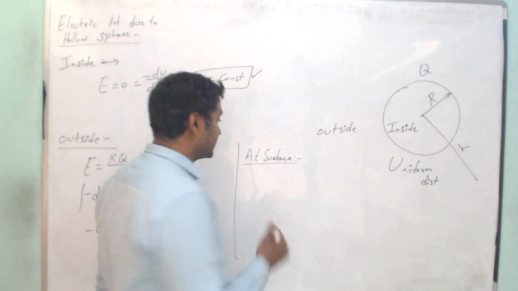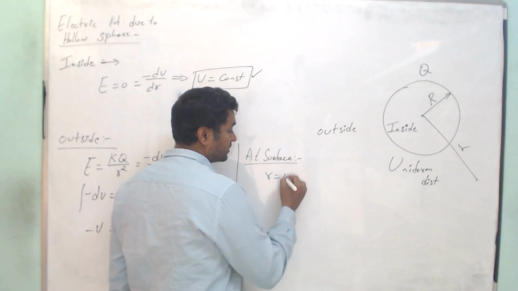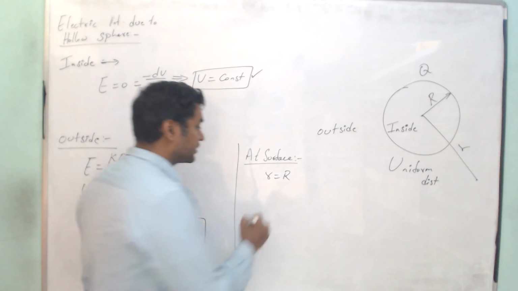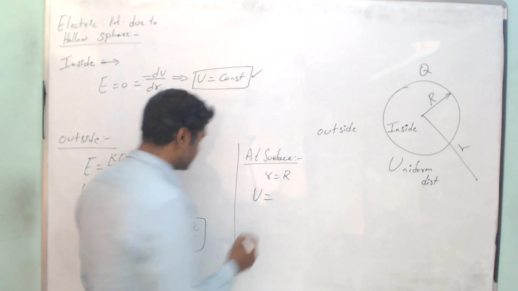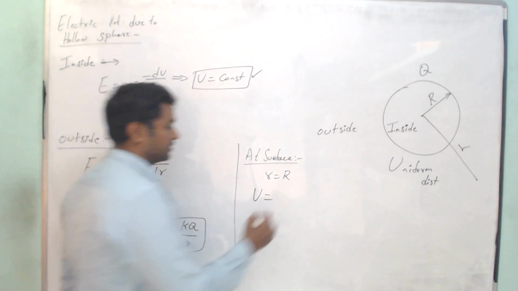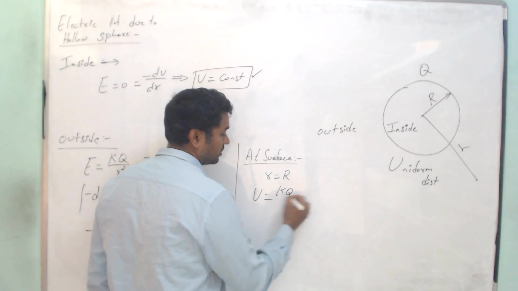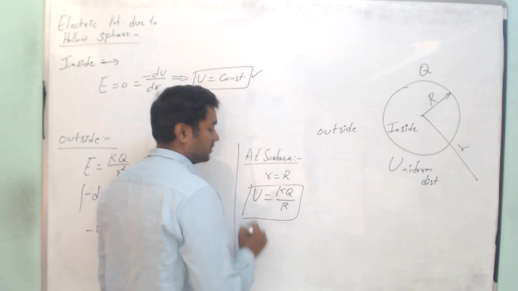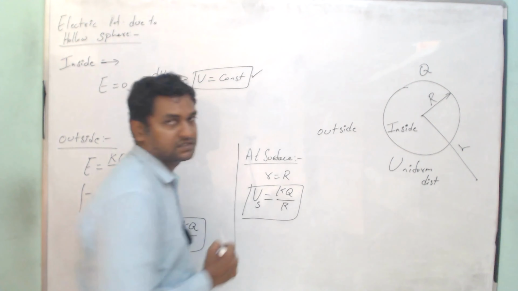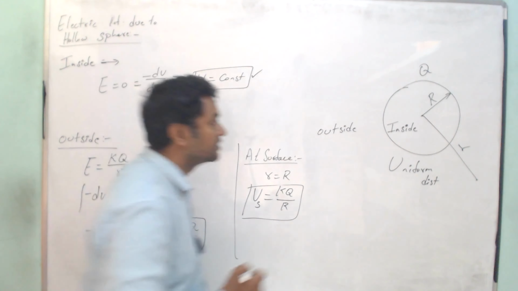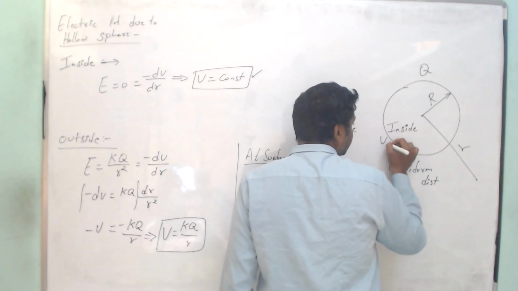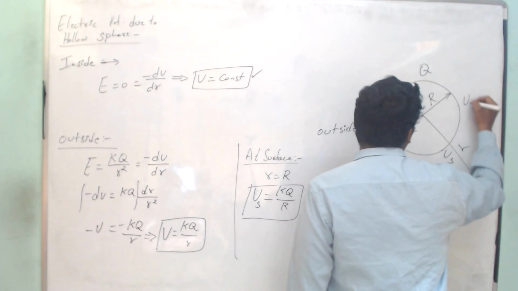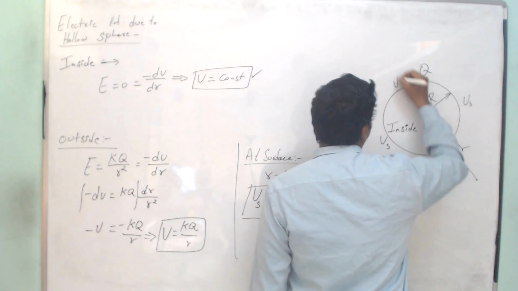At the surface, r is basically capital R. The electric potential at the surface is kq by capital R. Let me write it as Vs, the potential at the surface. So everywhere at the surface, the electric potential is Vs.